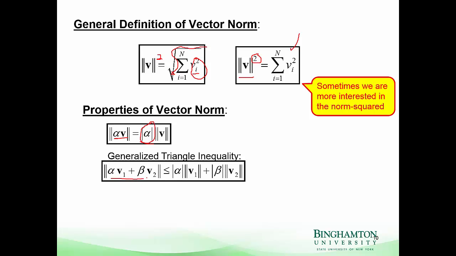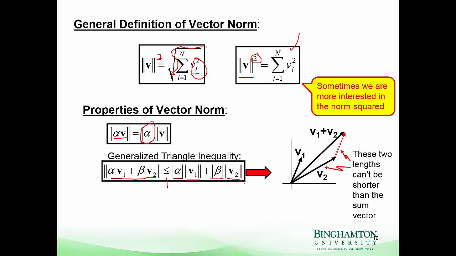If I form a linear combination of 2 vectors, v1 and v2, what's the resulting vector's length relative to the individual vector lengths? We see that it's less than or equal to the absolute value of alpha times the length of v1 plus the absolute value of beta times the length of v2.